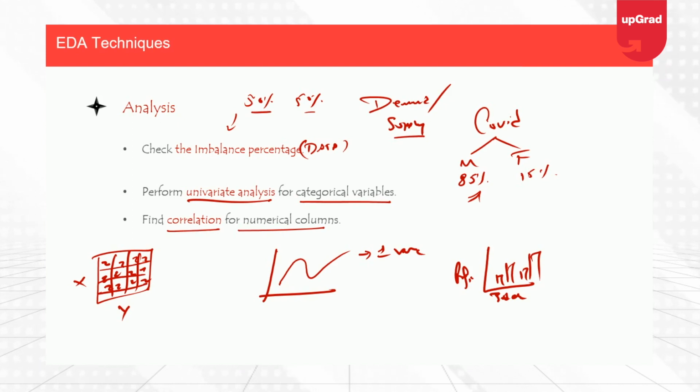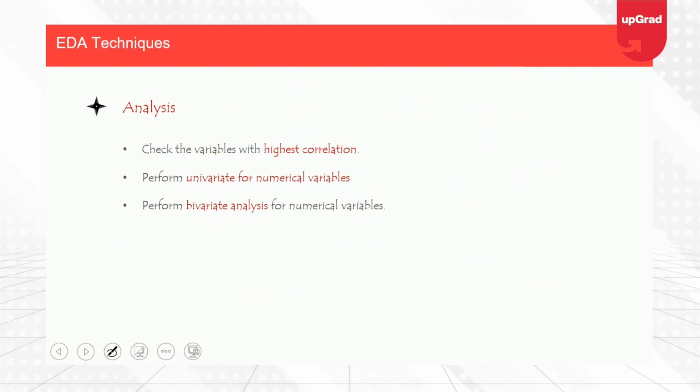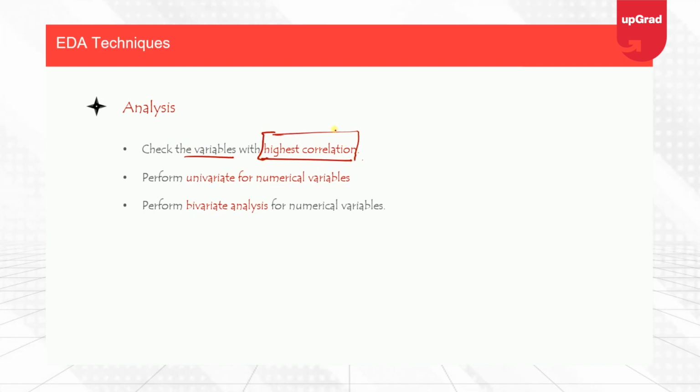Once we have done these analyses, we'll move on to check the variables with the highest correlation, and that is going to be the foundation of our EDA. So in the EDA, variables having the highest correlation, suppose positive correlation, will be taken into account for further analysis.